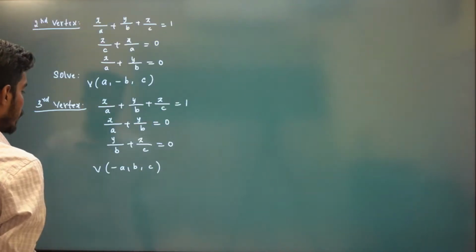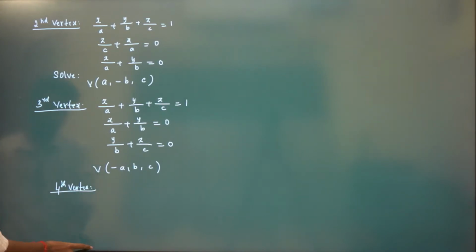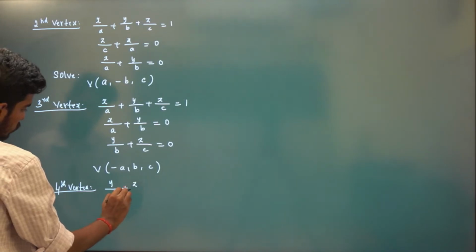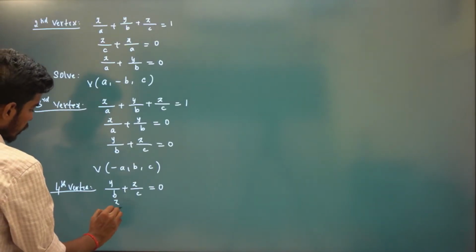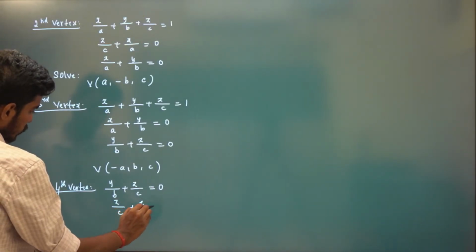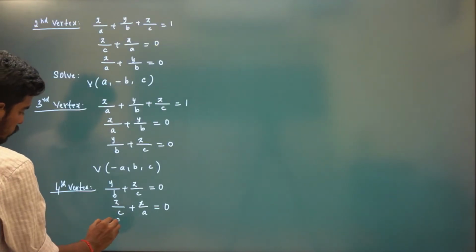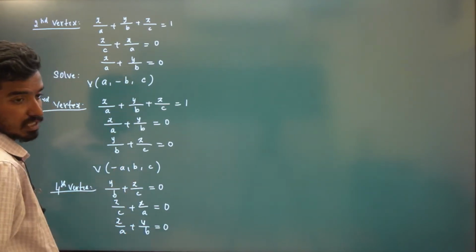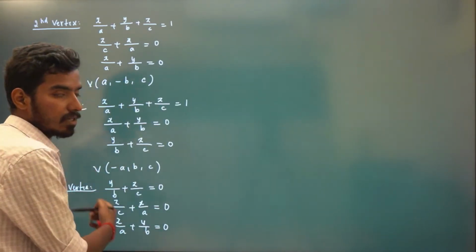So for finding a fourth vertex, I'm going to solve the first 3 equations: y by b plus z by c is 0, z by c plus x by a is 0, and x by a plus y by b is 0. See, this is a homogeneous system, and you can see determinant is not equal to 0.